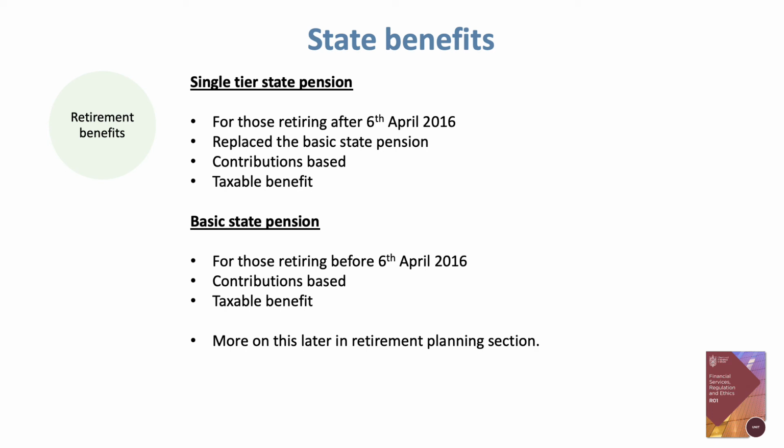So essentially, for those retiring before the 6th of April 2016, there was a qualification for the basic state pension, which was based on your NIC records and was a taxable benefit that essentially would be paid to you. And you could have certain top-ups to the basic state pension, SERPs, S2P, graduated retirement benefit. We'll look at that in more detail, as we just said, in the coming slides.